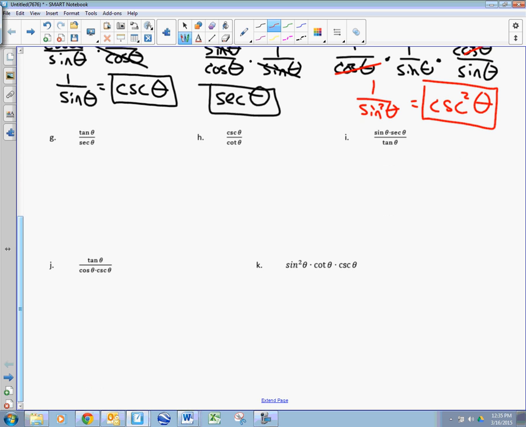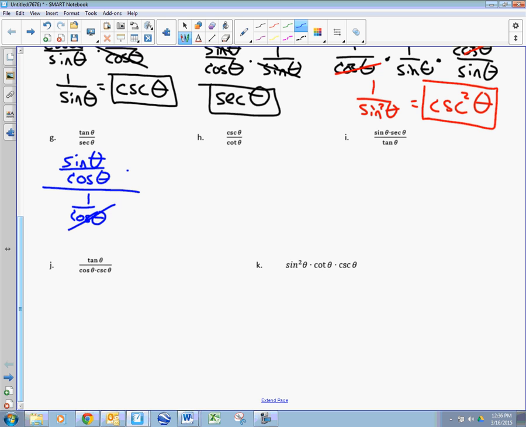Okay, in these situations, it's written in a fraction, and I'm just going to write it as a complex fraction and simplify as we practiced before. Tangent is sine of theta over cosine of theta. Secant is 1 over cosine.